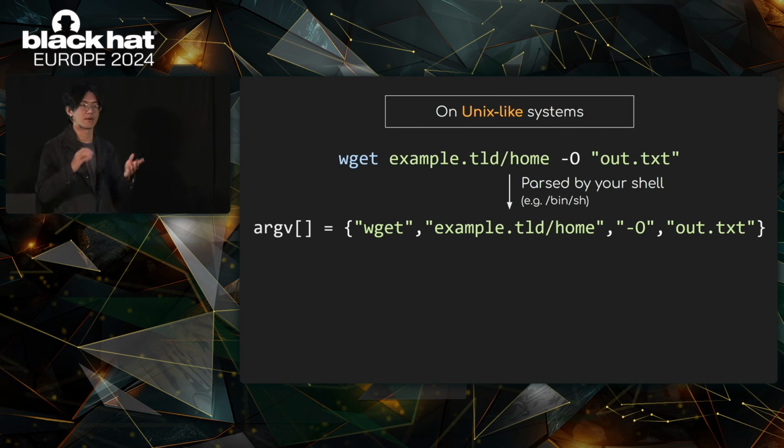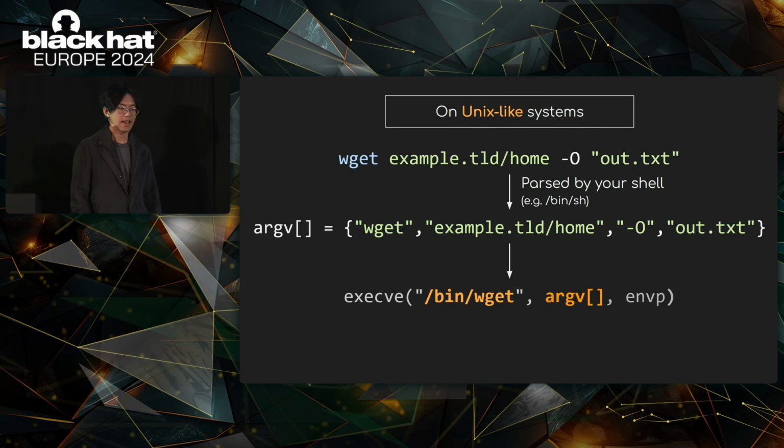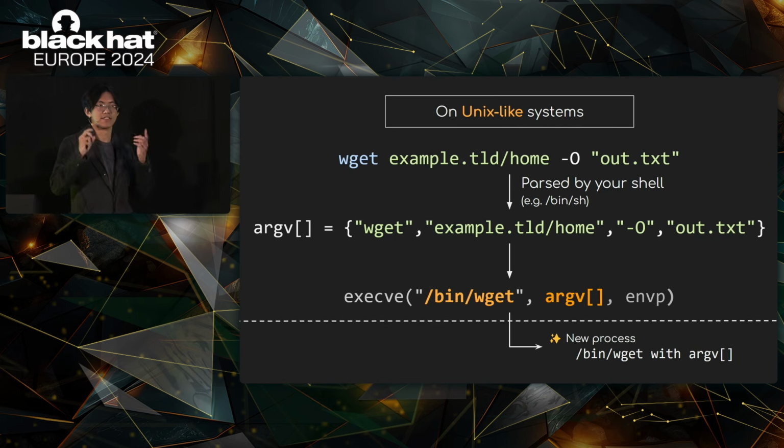First, it will be parsed by your shell, which separates it into several arguments. Then it will invoke a system call, like execve. Notice that we already have these separated arguments. Finally, the new process spawned is wget with the separated arguments.